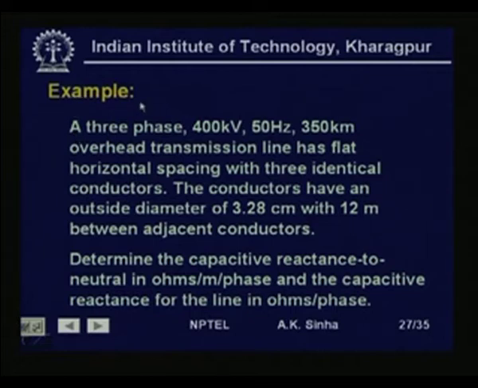In this example we have a 3-phase 400 kV 50 hertz 350 kilometer overhead transmission line that has a flat horizontal spacing with 3 identical conductors.